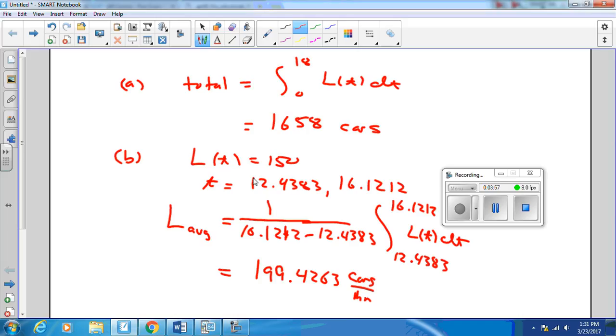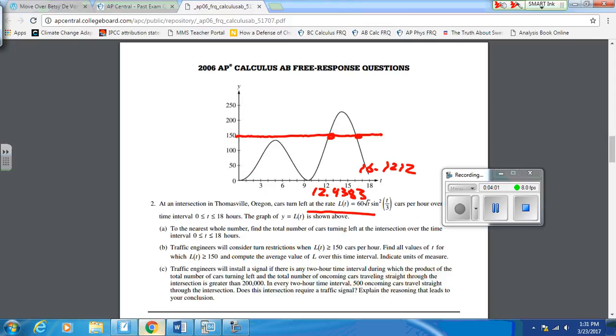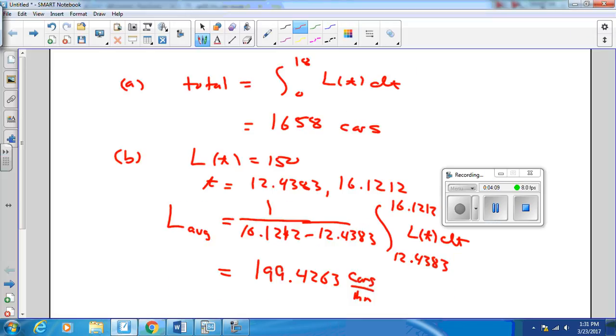So is this the whole answer for B? Let's see. Good question. Did I find all the values of t? Yes. Did I compute the average value? Yes. Did I indicate units of measure? Let me check. Cars per hour? Yep. We need to write that L of t is greater than 150 when t is greater than 12.4383 and less than 16.1212.